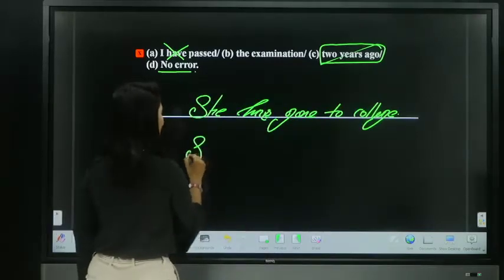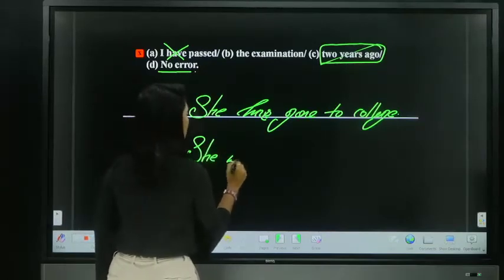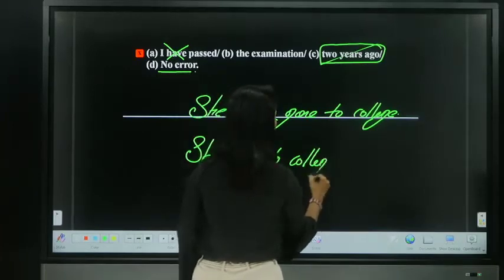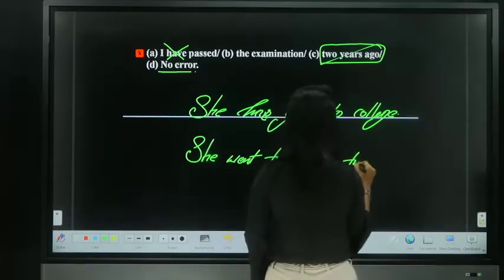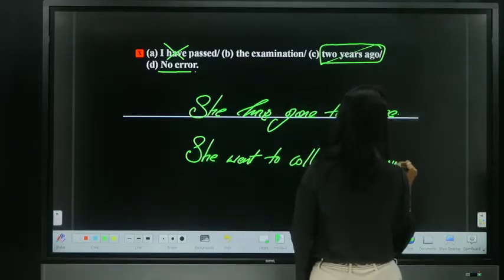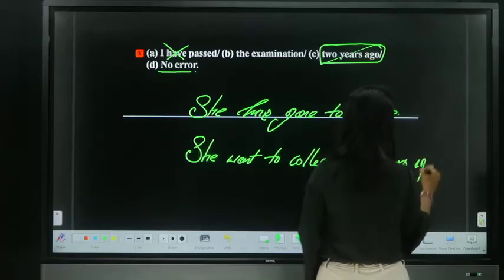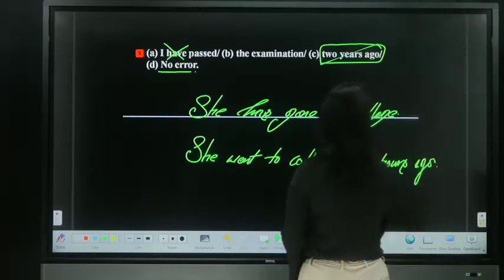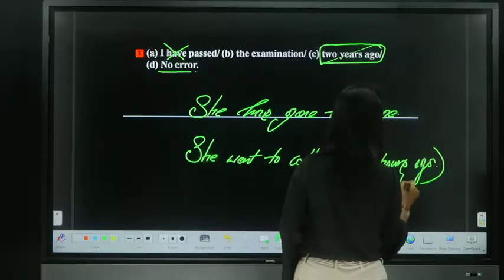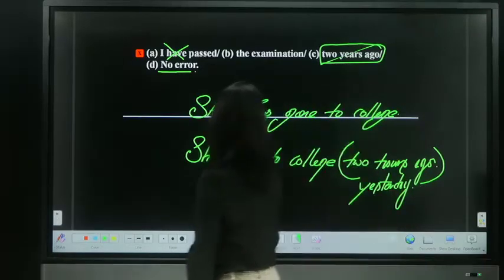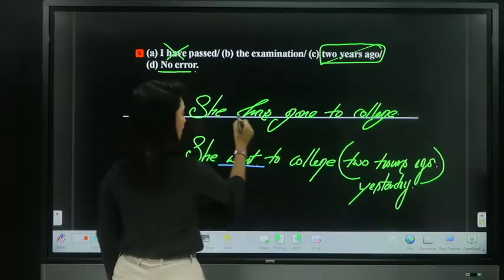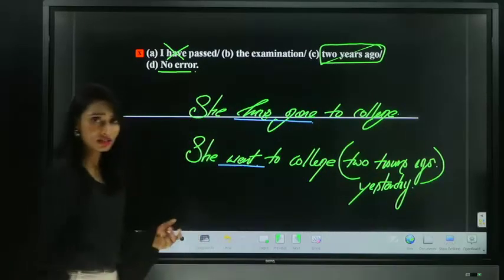But when you mention a time specifically, she went to college 2 hours ago. Or you can also say she went to college yesterday, whatever denotes the past. So here you have to say it in past because there is a time indicator. Here there is no time indicator, so you can say it in present perfect.